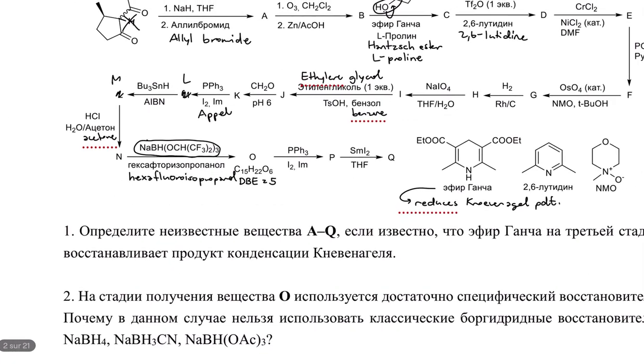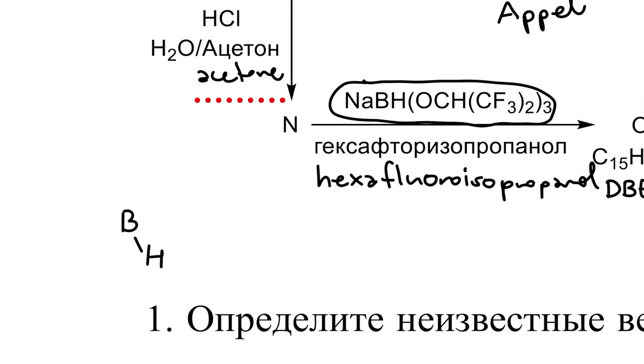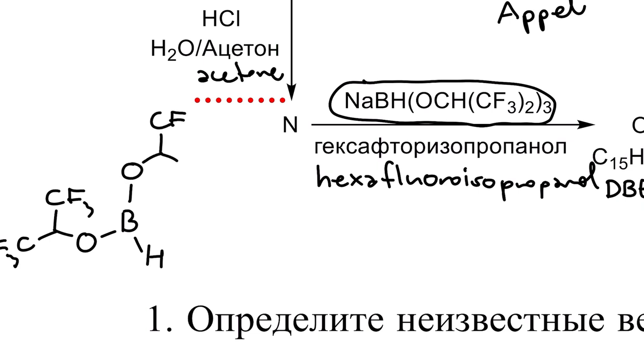Now, if you notice, let me draw this hydride structure. So it's BH connected to 3 groups. Oh, that's quite a strange group. Very specific reducing reagent. OCF3, oh sorry, forgot to draw another carbon, O, CF3, CF3.